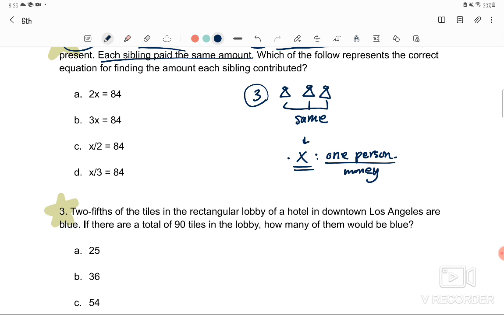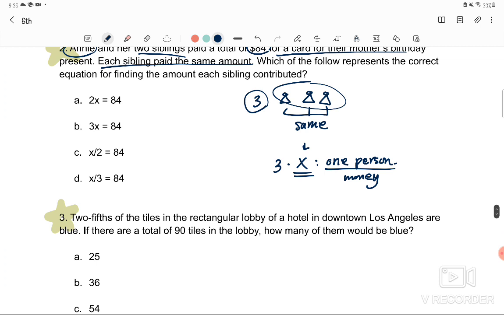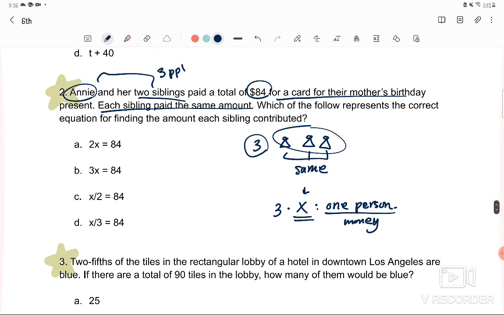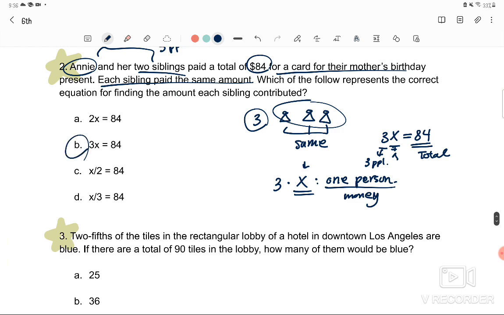You have to multiply by 3 to get all the numbers. So 3x equals 84. The total money, 1 person, and there are 3 people. So it's B.